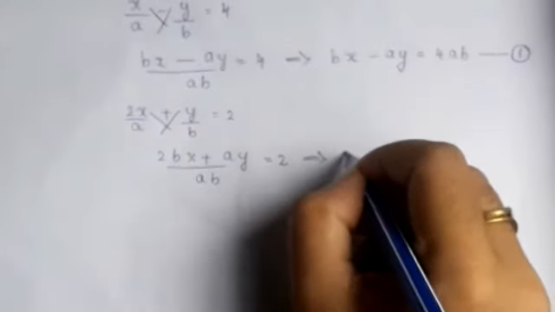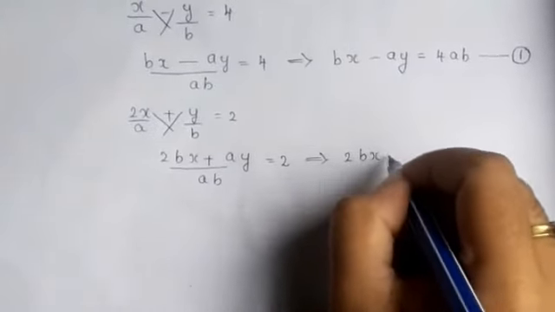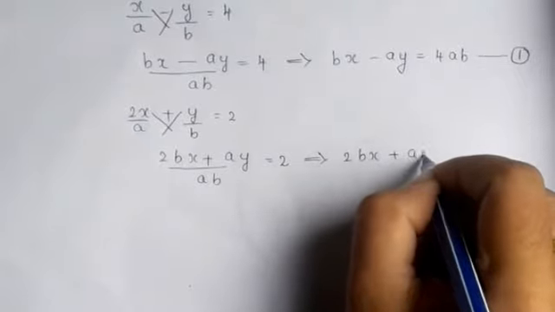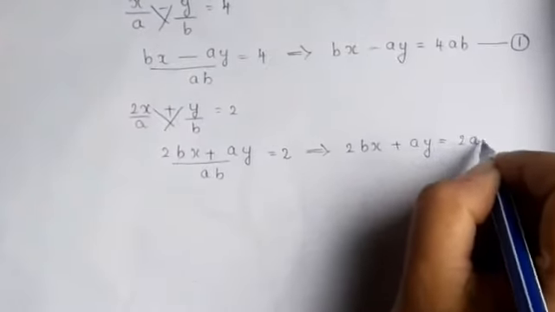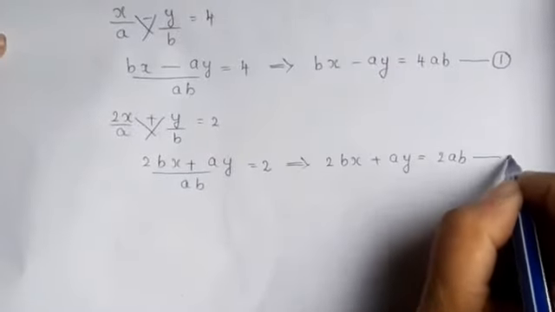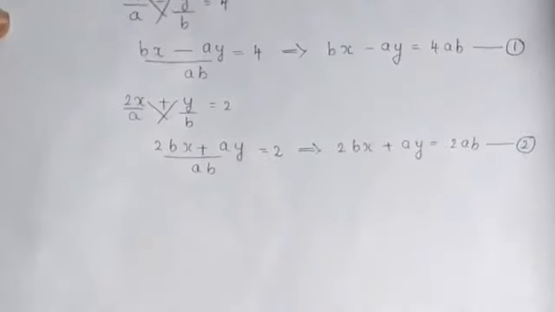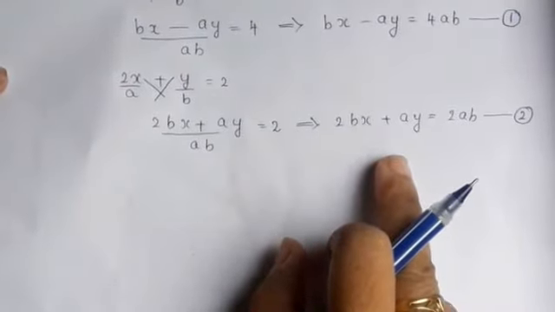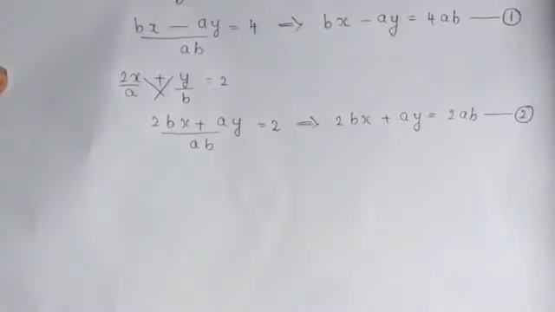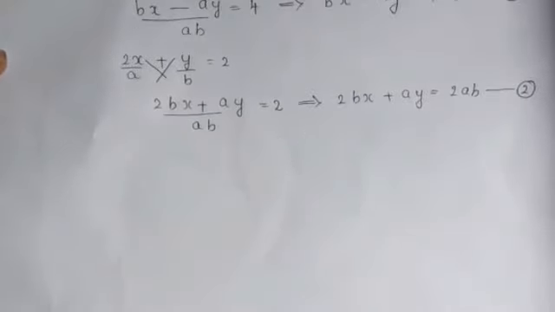Again, 2bx plus ay is equal to ab, you transpose to the right side, it becomes 2ab. So this is our new second equation. So from equation number 1 and 2, the coefficients are not fractions. So that is the easy method.